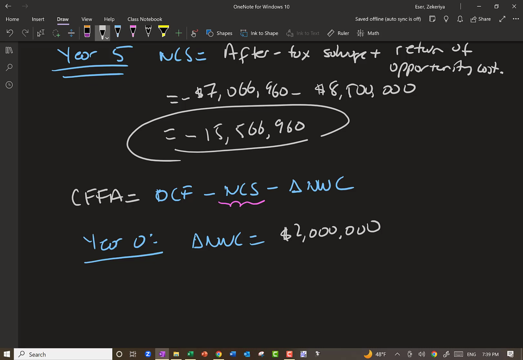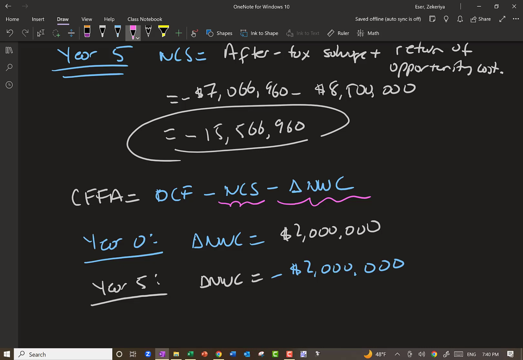I kept this problem simple. In upper level classes, we tie net working capital amounts into sales and stuff, but we're keeping the sales constant here, so I'm not worried about that. And year 5, it's going to be returned back to the firm, so that's going to be negative $2 million. We took care of that too.